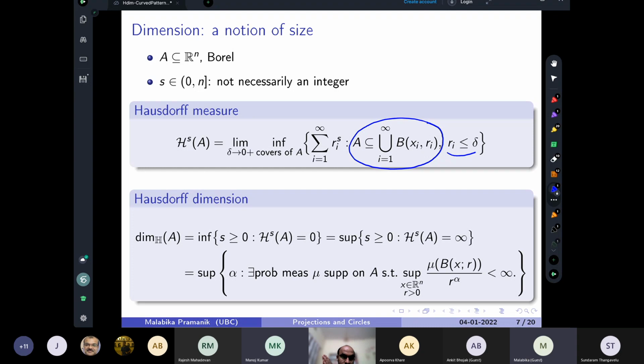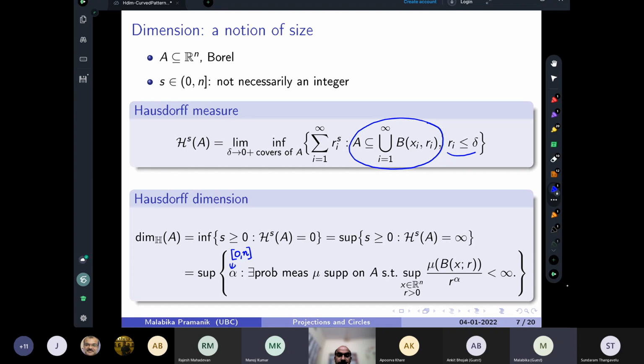There is an alternative, equivalent description of the Hausdorff dimension that goes by the name of Frostman's lemma, which says that the Hausdorff dimension can equivalently be expressed as the supremum of values alpha between 0 and n for which there exists a probability measure mu supported on the set A satisfying a ball condition.